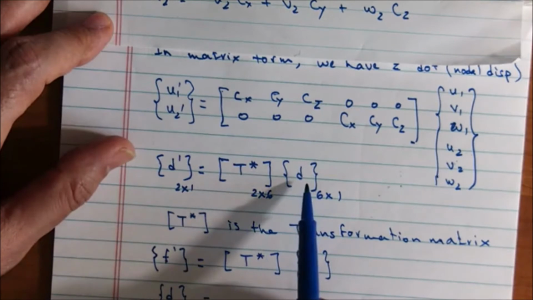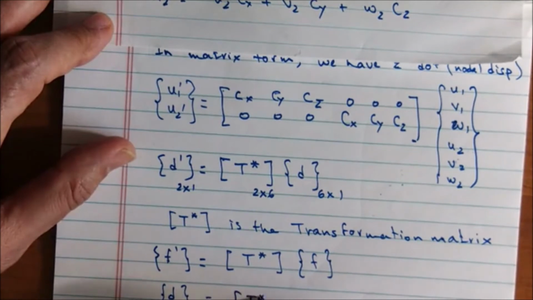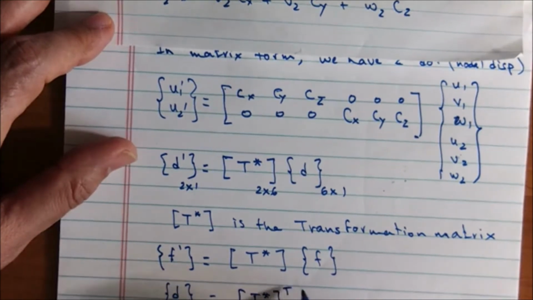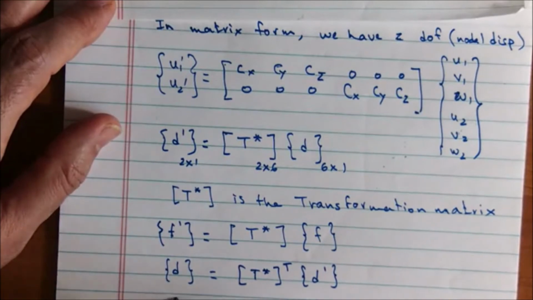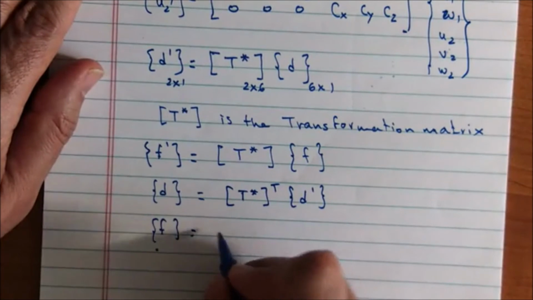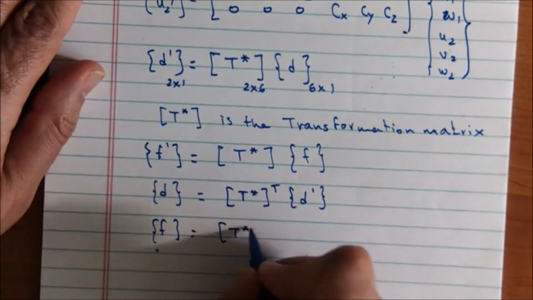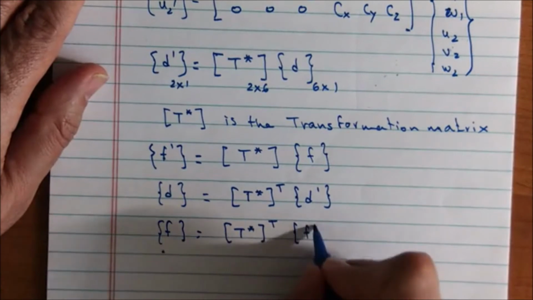So if I want to solve for D, I would say D is equal to the inverse, or the transpose, of this transformation matrix multiplied by D prime. Likewise, I can say that F is equal to T star transpose multiplied by F prime.